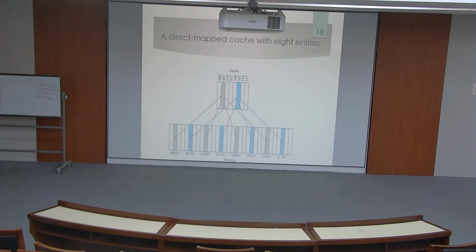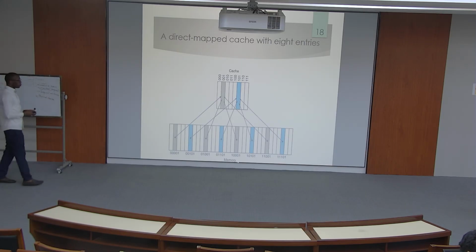We have this example. Block 12 from the main memory will be loaded into cache line number 4 because we do 12 mod 8, since we have 8 cache lines. The same here, we have 8 cache lines. We are trying to find in which cache line each block from the main memory will be loaded.